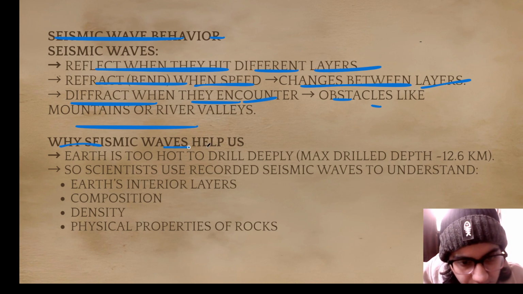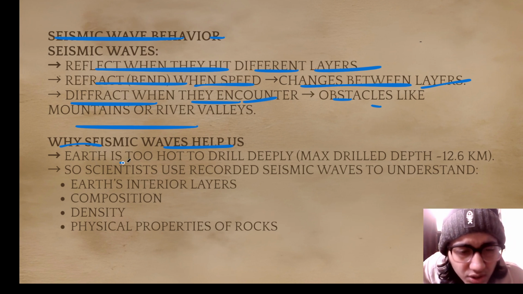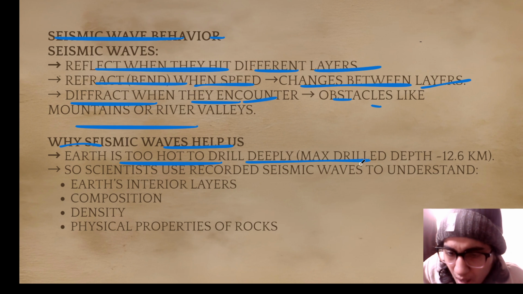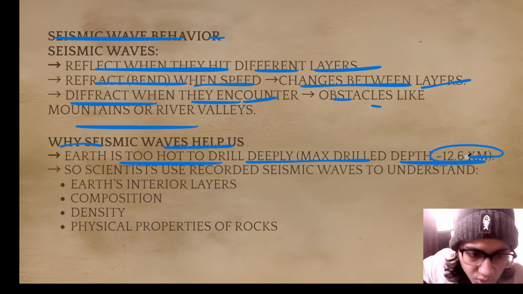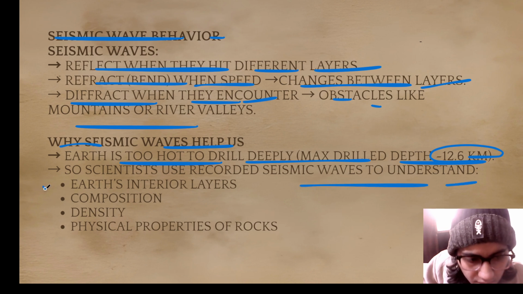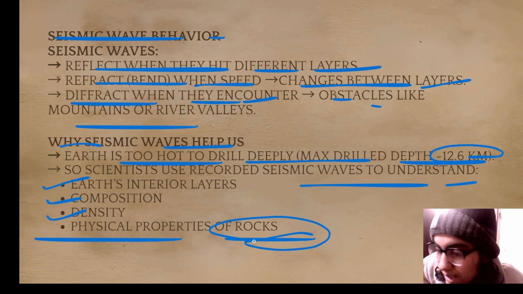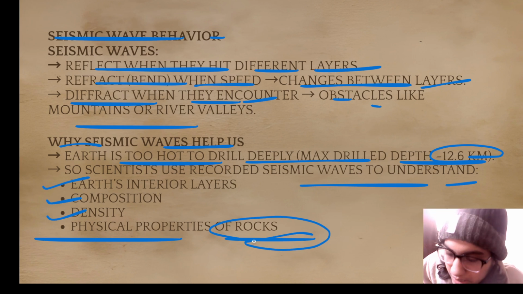Why do seismic waves help us? Earth is too hot to drill deeply. The maximum drilled depth is 12.6 km. So scientists use recorded seismic waves to understand the Earth's interior layers, composition, density, and physical properties of rocks. If these waves change medium, they will move slowly or reflect.